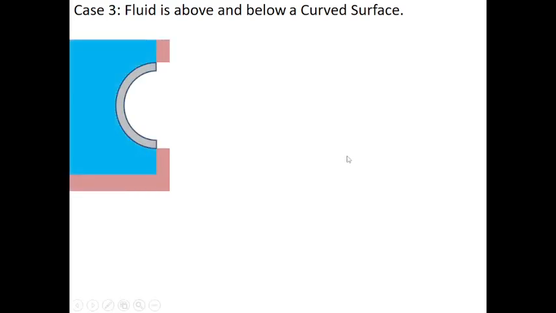So let's now go to case 3. Fluid is above and below a curved surface. So for case 3, consider natin itong figure. So meron tayo ditong ating curved surface. Ito yung ating curved surface.